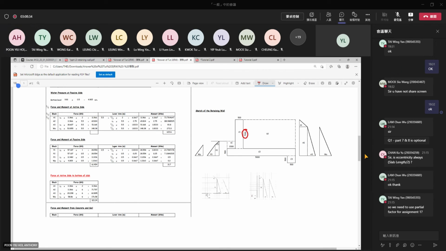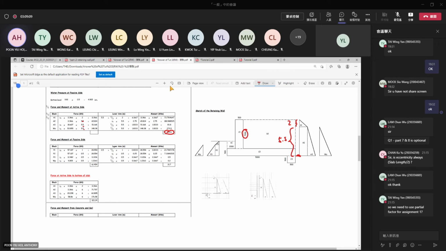So again, if we are checking for the overturning, we use this pressure diagram up to the base. 咁啊呢度就係同頭先嗰個唔同嘅個 size。And from there, then you can calculate the moment.